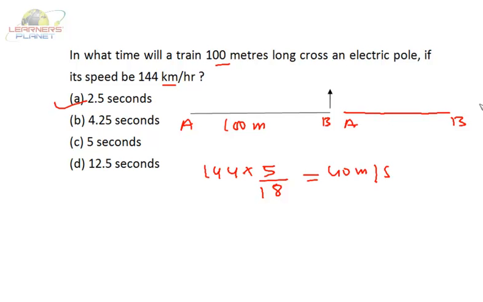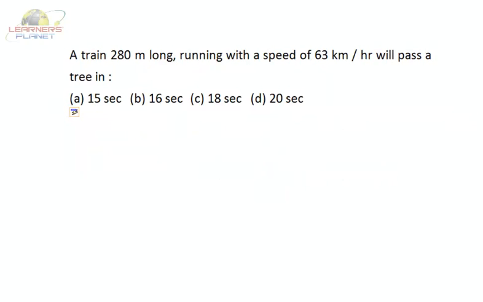Now let's take the next problem. Quite similar to the previous one. The length of the train over here is 280 meters and it is crossing a stationary object. In this case, it is a tree, and a tree is a stationary object. Now the speed of the train is 63 km per hour. So let's convert it into meter per second.